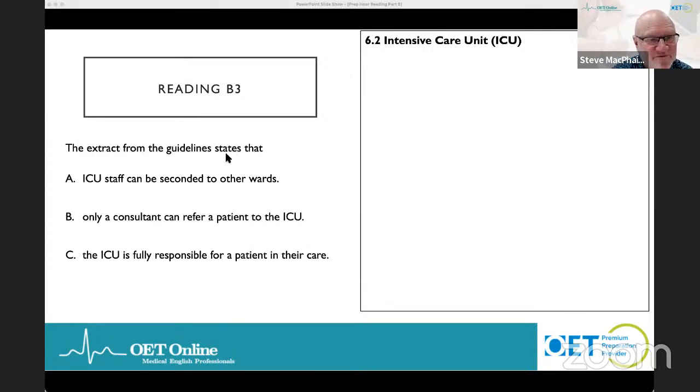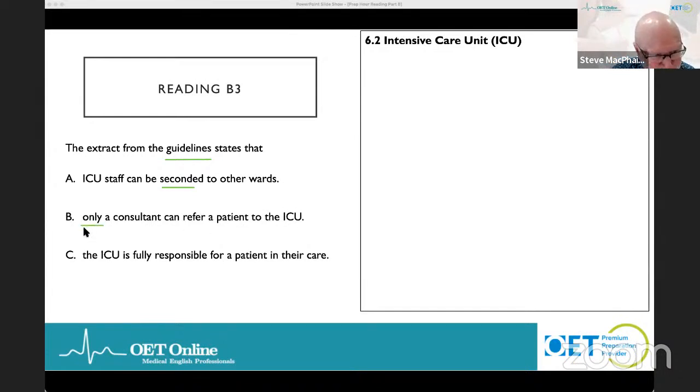The extract from the guidelines, so we've got a guideline, states that ICU staff can be seconded to other wards. Does anyone know what that means? Seconded means you're cherry-picked and moved to another ward, perhaps based on being busy. So ICU staff can be seconded or called upon to other wards.